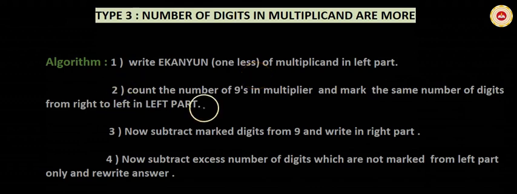Now step number 2, count the number of 9s in the multiplier and mark the same number of digits from right to left in the left part. Step number 3, now subtract the marked digits from 9 and write in the right part. Now the fourth step, an important step, subtract the excess number of digits which are not marked from the left part only and rewrite the answer. See friends, you will understand it when we solve examples.